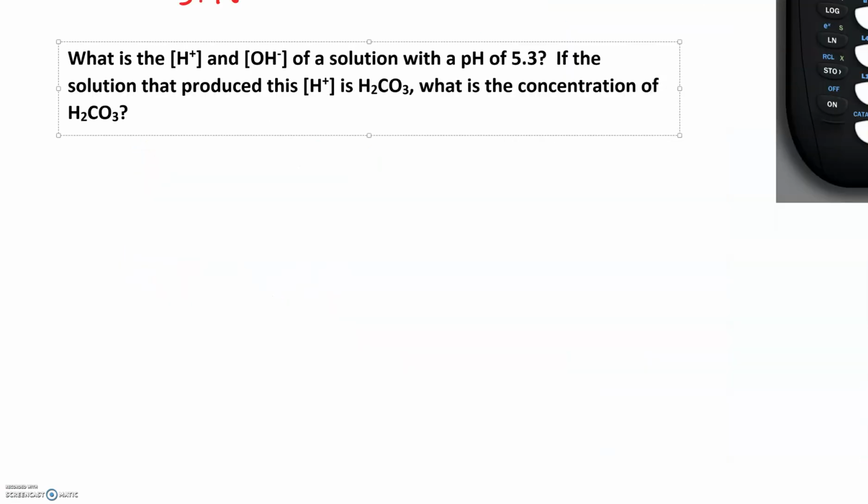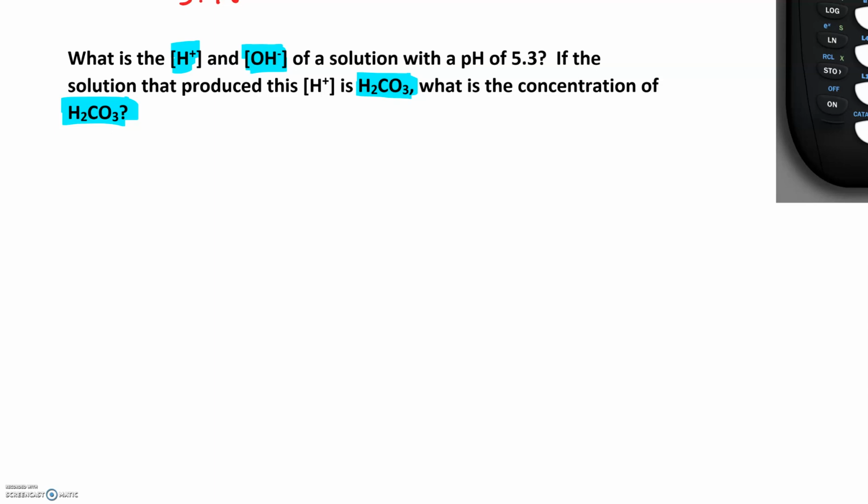All right, this question actually has 3 parts. It's asking for the concentration of H plus, it's asking for the concentration of OH minus, and it says that if the solution that produced this H plus is H2CO3, what's the concentration of the H2CO3 that produced this?